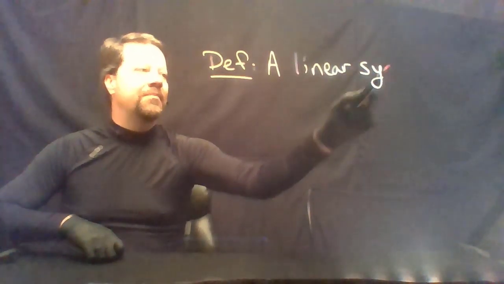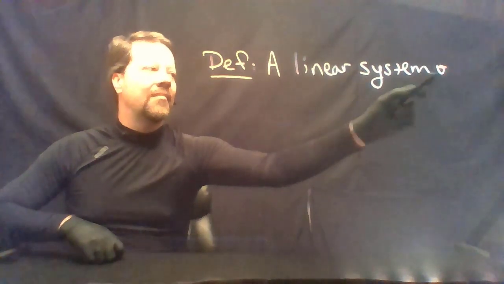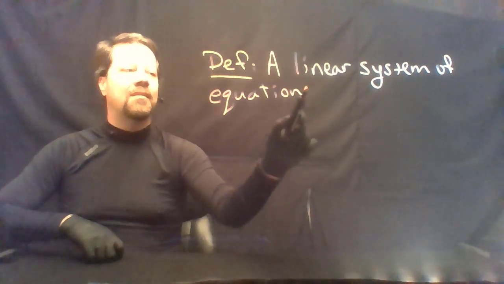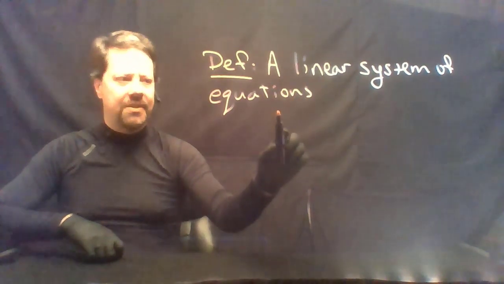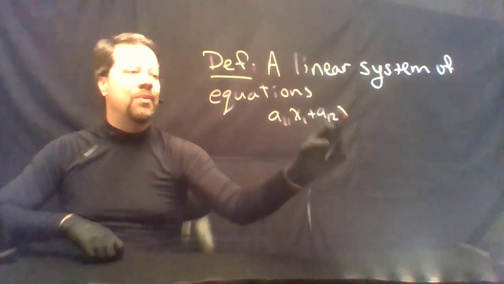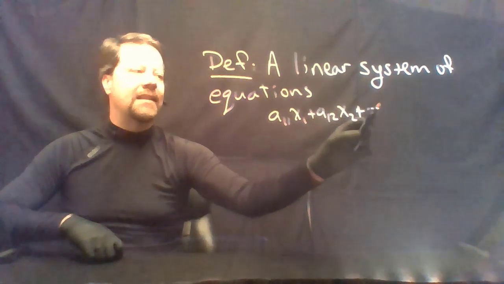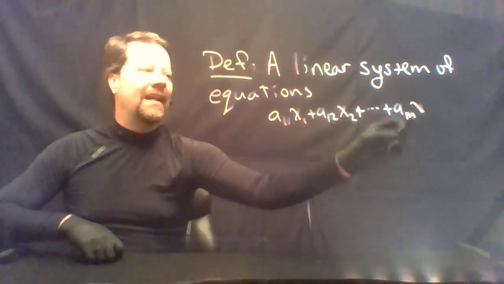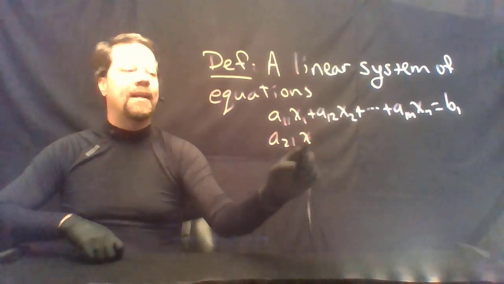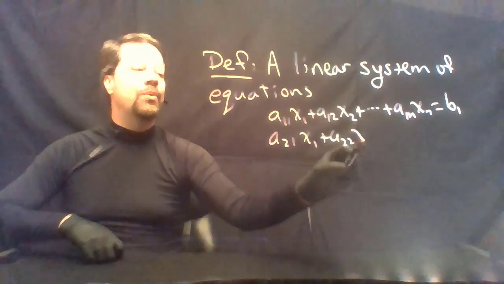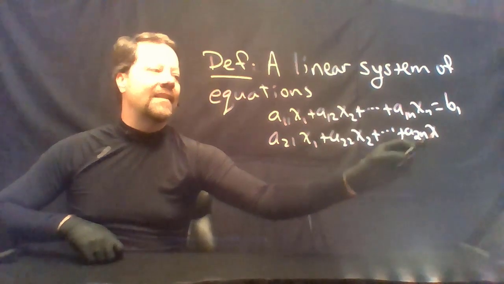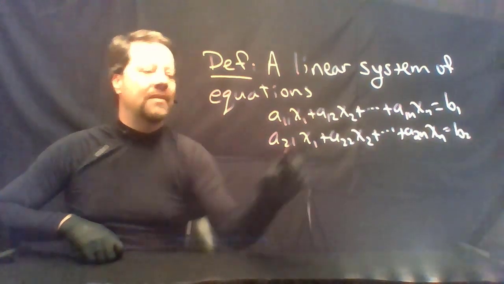A linear system of equations typically looks like a11x1 plus a12x2 plus ... plus a1nxn equals b1, a21x1 plus a22x2 plus ... plus a2nxn equals b2.